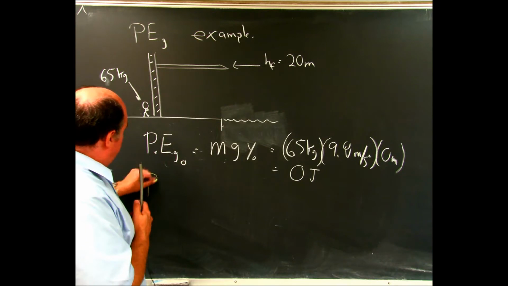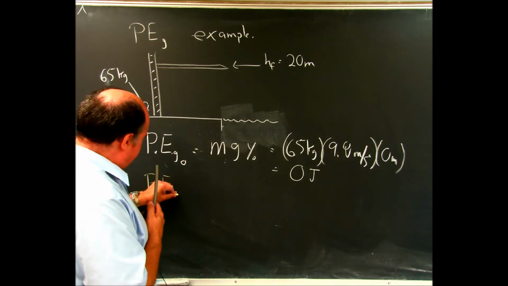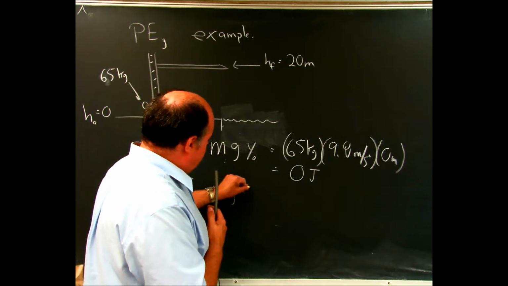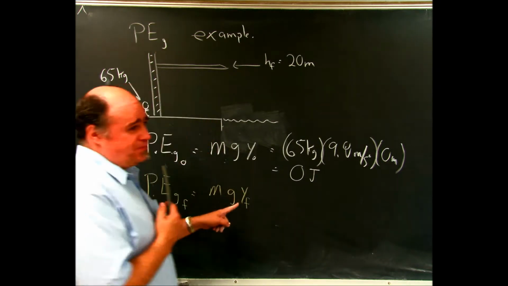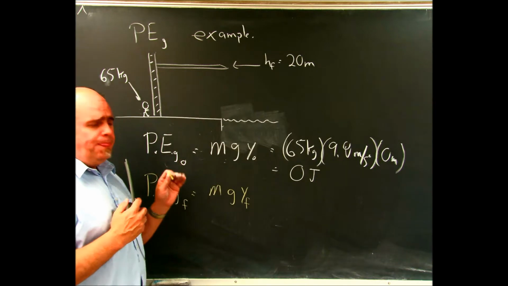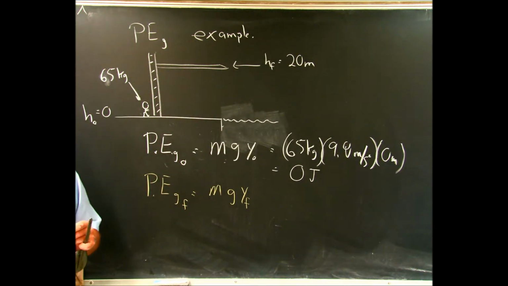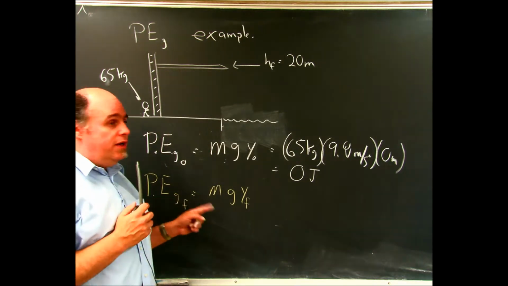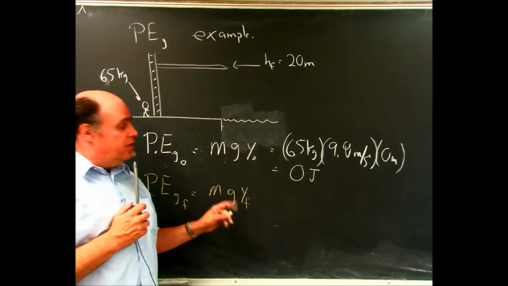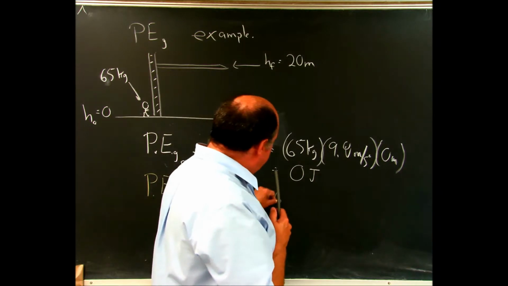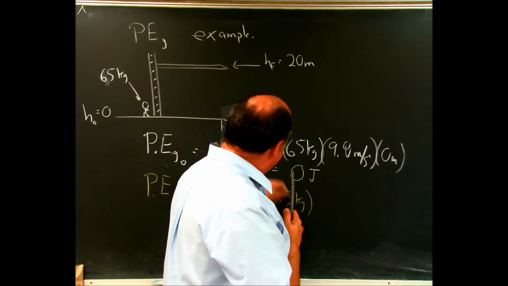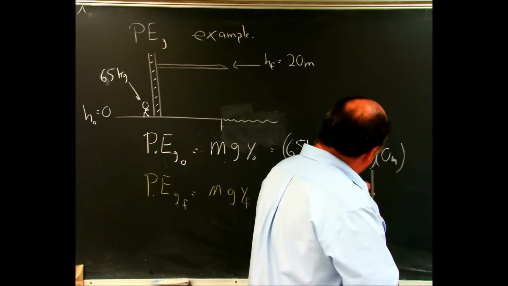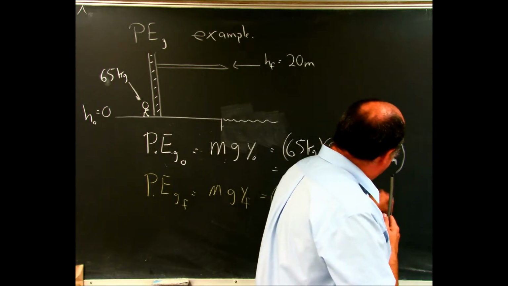If I figure out what's their potential energy at the end, I would say mass times gravity times the final. So I want to figure out the potential energy at the end, I would take mass times gravity times the final displacement on vertical, and it would be 65 kilograms times 9.8 times 20 meters.